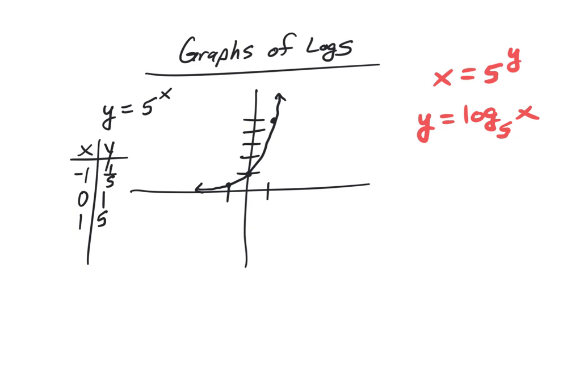My circle rule: 5 to the y equals x. Now, I could put this into my calculator, right? Some of you are able to put this into the calculator just like this. If you don't have the log base button in your calculator, then you won't be able to type this in.